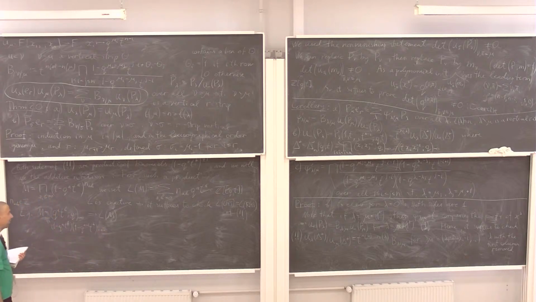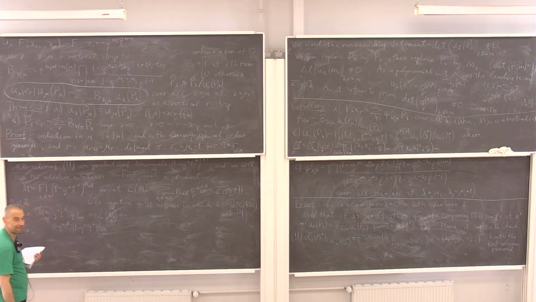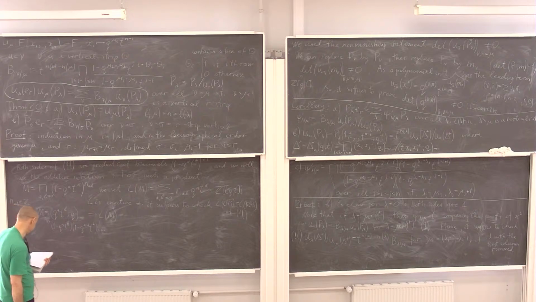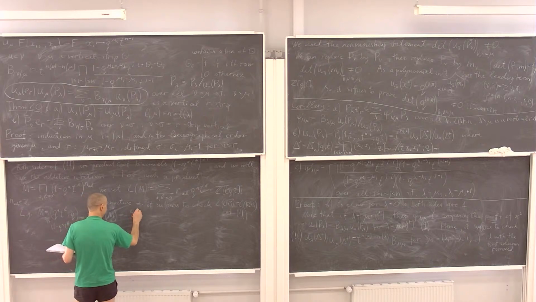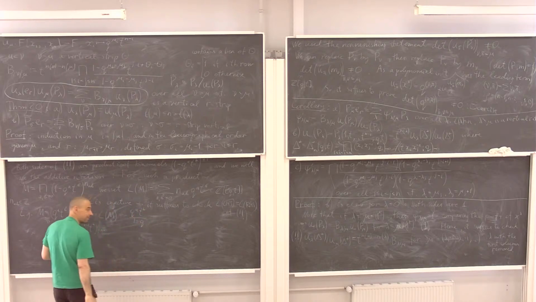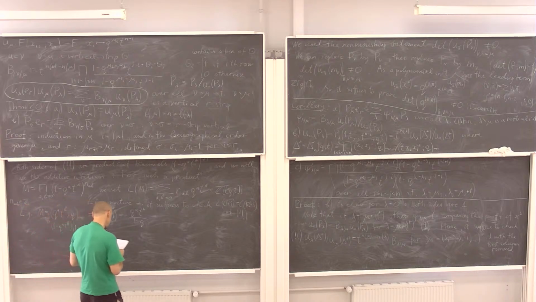And well, all n's are just ones. So what do we get? Just by the geometric progression. Nice.